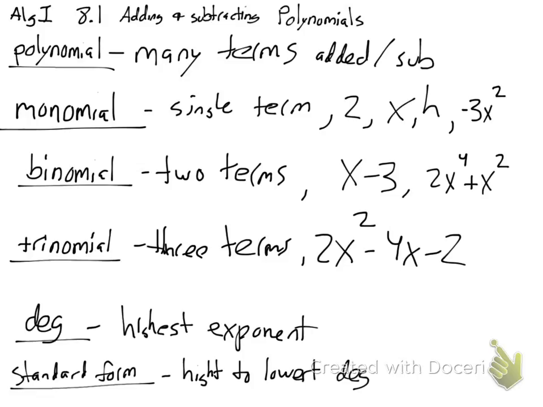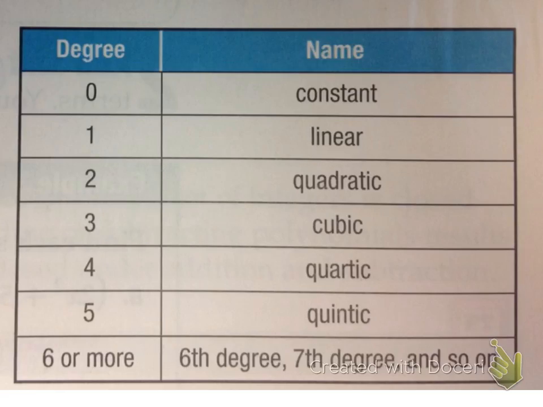So part of your problems is going to be naming it, which is on the next slide. What kind of degree is it? And then, hey, what is the standard form of this problem? So here are the names.